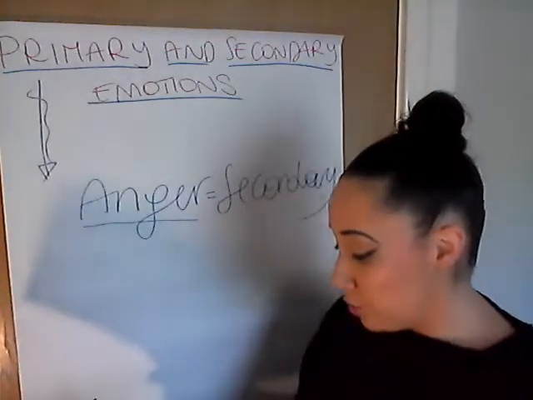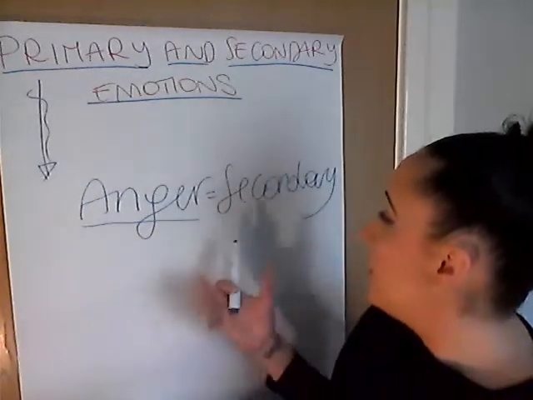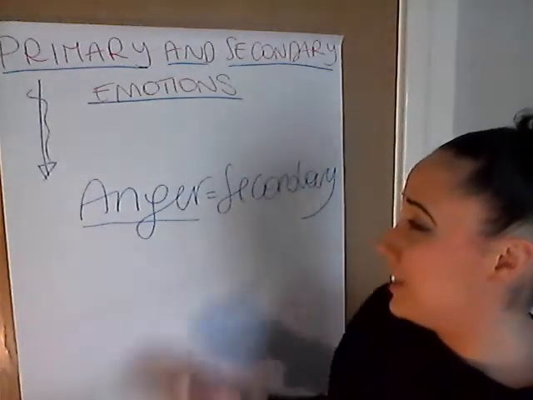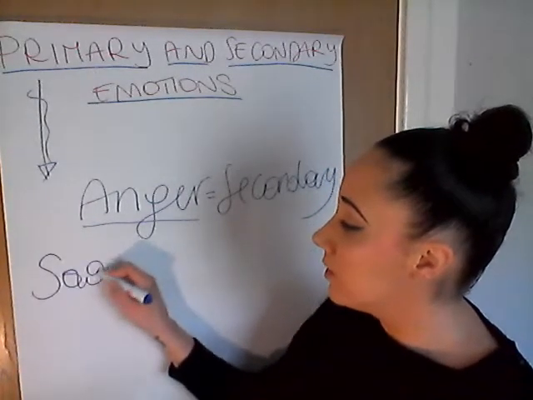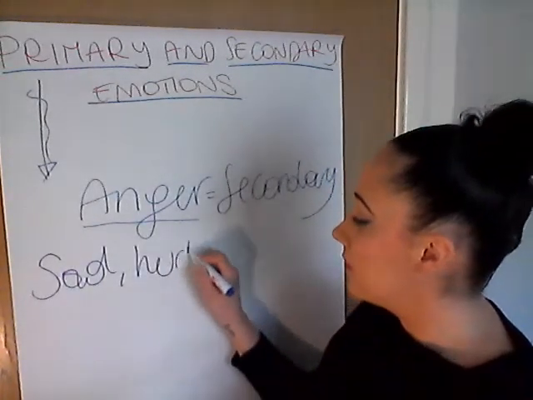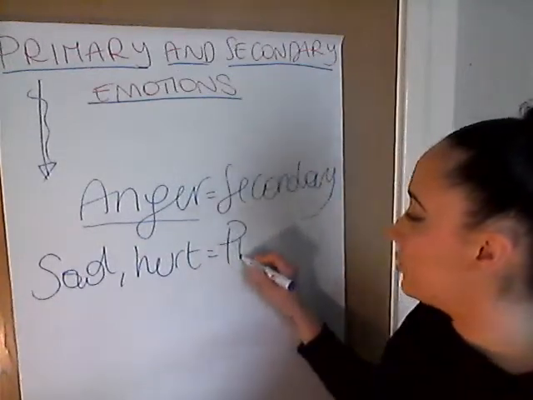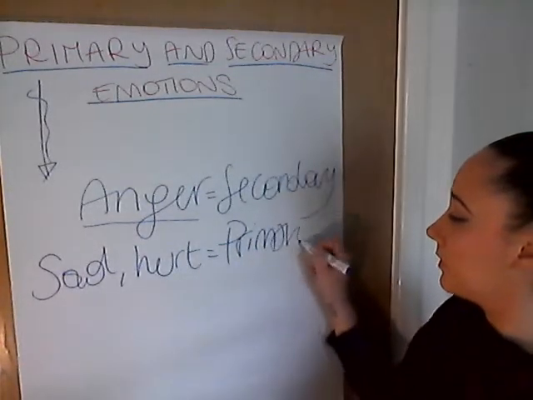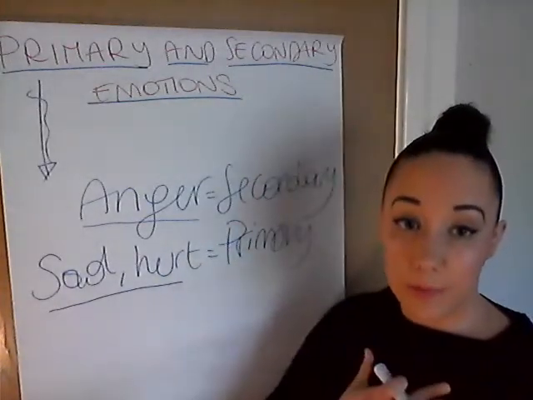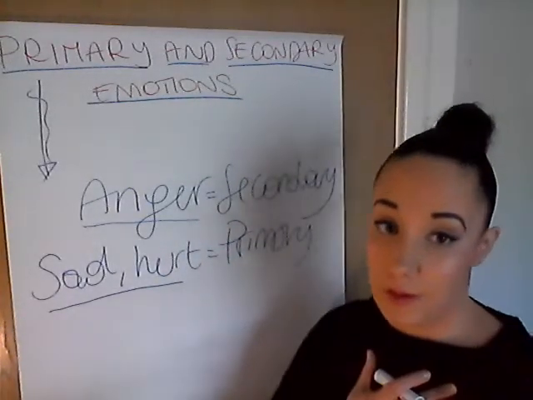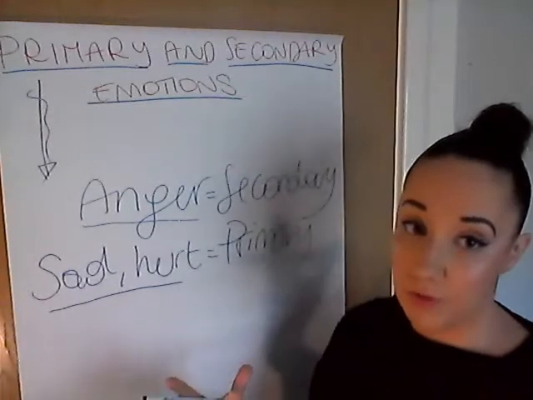All right, so let's say the sadness or the hurt, for example, that will be my primary emotion. So really deep down, my primary emotion, I feel sad, I feel hurt, I feel overwhelmed, right?